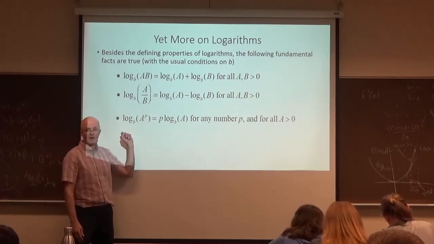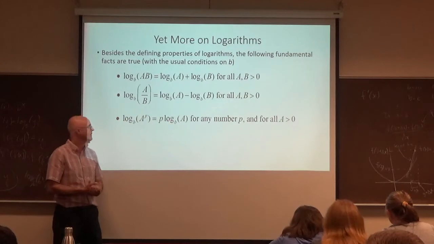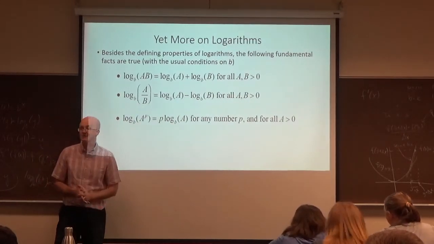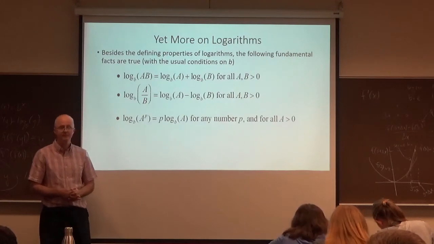The power can be brought in front. It's p times log base b of A. A must be positive, but p can actually be anything. It can be a negative number.